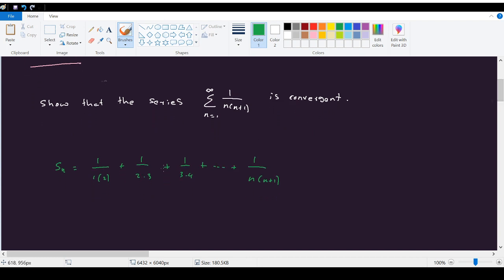So that means we can even write this sum of finite terms in a series notation. For simplicity we can write it in a series notation, but then you have to mention both the starting point and the end point.